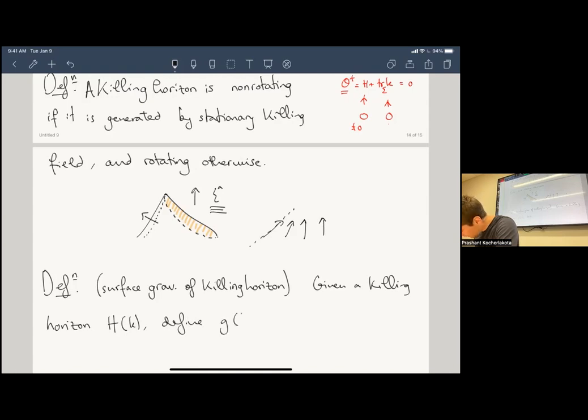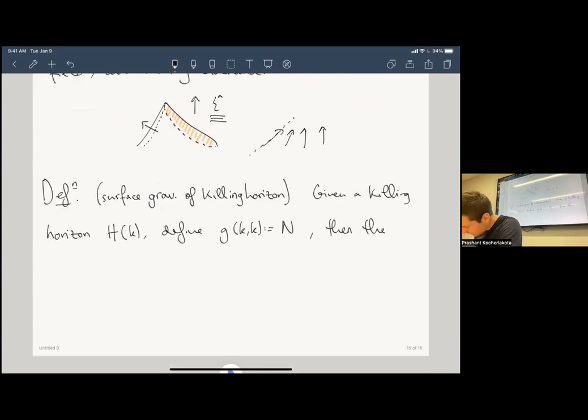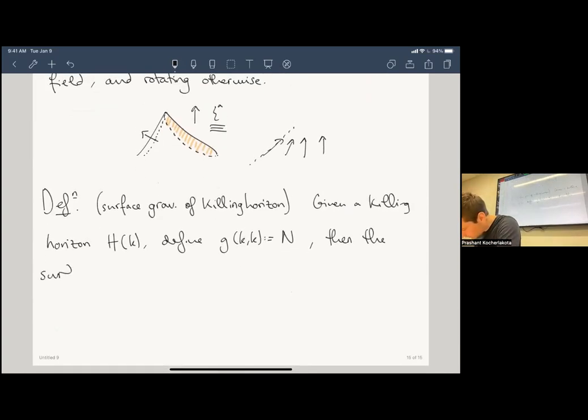We define g(K,K), just define this scalar. Then the surface gravity kappa of H_K is just the derivative.